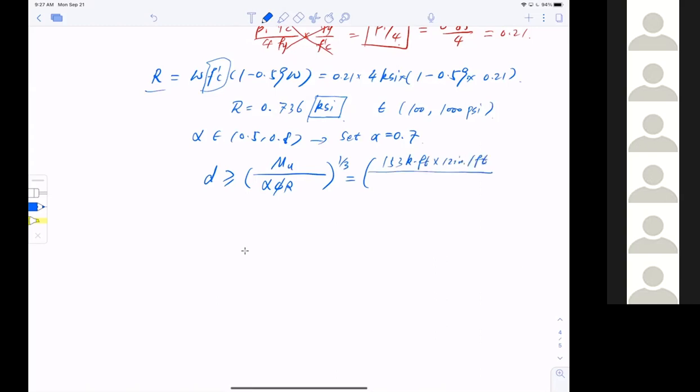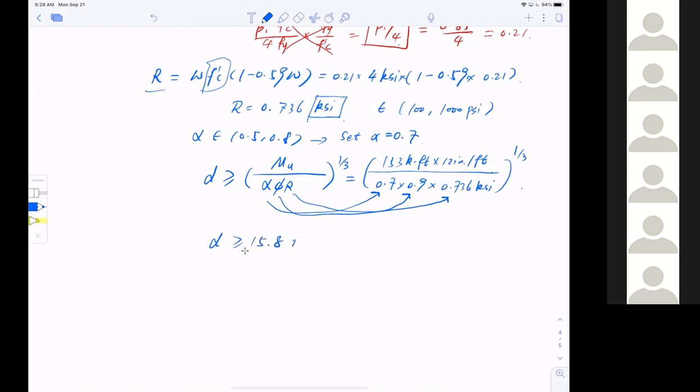All right, and divided by 0.7, which is alpha, and 0.9, which is phi, and 0.736 KSI, which is R. Okay, and don't forget the whole thing to the power of 1/3. So the depth now has to be bigger than or equal to 15.8 inch.